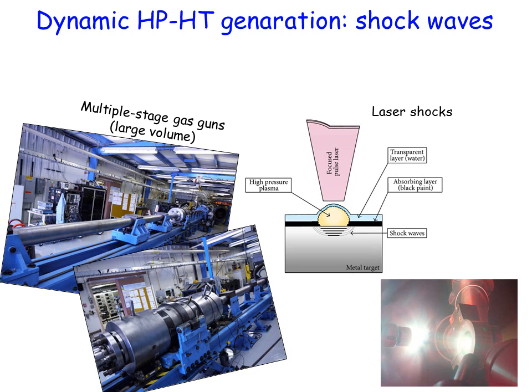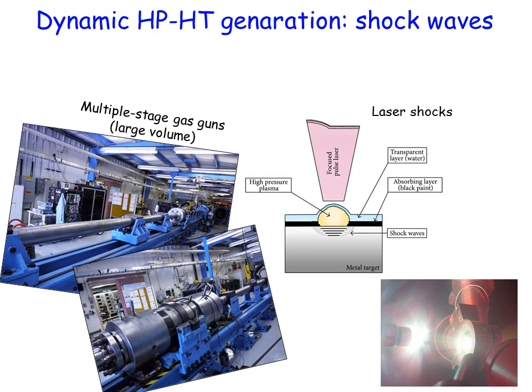The other way that is currently used is laser shocks. The laser is focused, for instance, on a surface in which a plasma is generated, and the explosion of the plasma generates the shock waves.